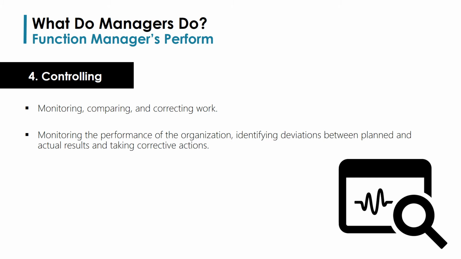The fourth function is controlling, where a manager would usually go around monitoring, comparing, and correcting work. It's about keeping hands-on. There are preset goals and objectives that a manager is required to attain. So he keeps an eye on and monitors the performance of the organization to make sure that the performance is delivered.